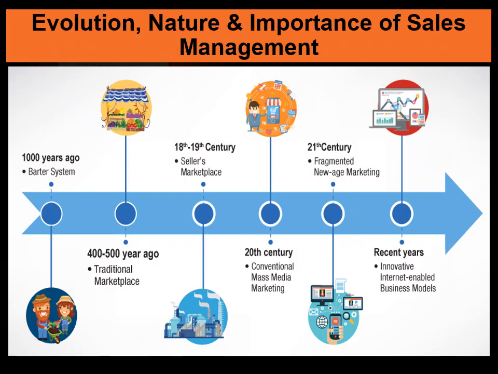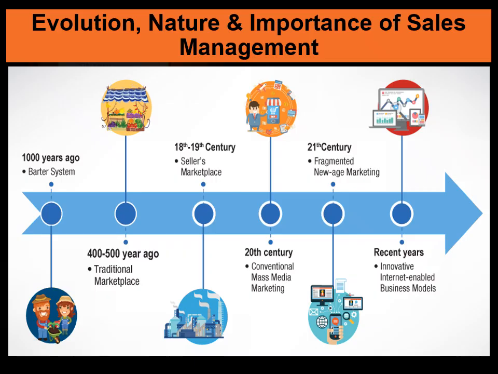About the evolution, nature, and importance of sales management. The concept of sales management evolved more than 1000 years ago. This started with the barter system, followed by the traditional marketplace around 400 to 500 years ago, and then in the 18th to 19th century this evolved as the sellers' marketplace, and in the 20th century this again developed as conventional mass media marketing.